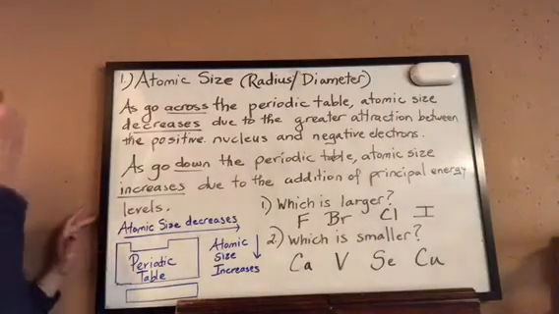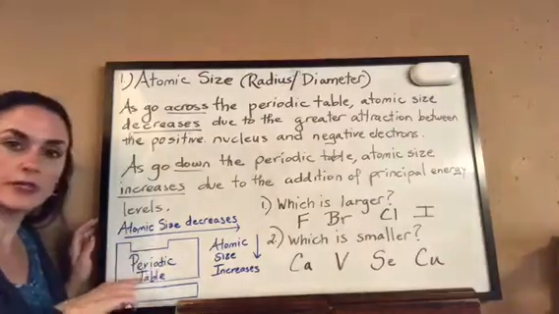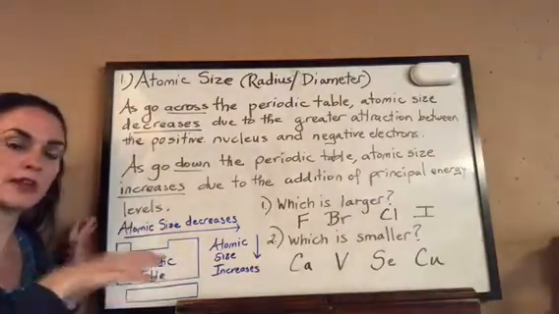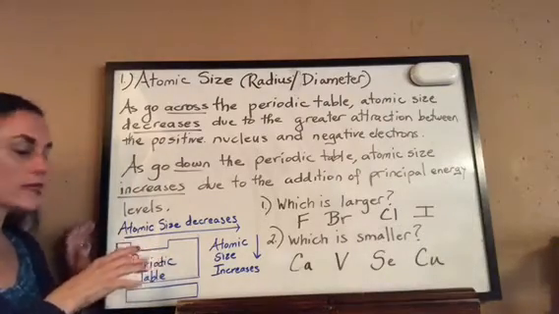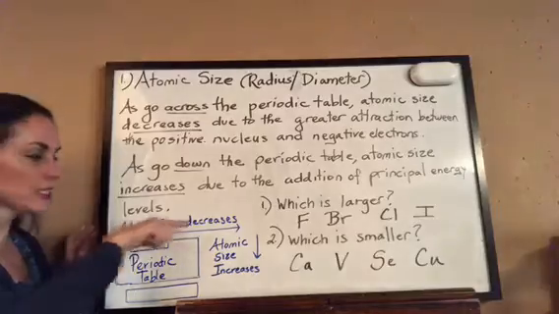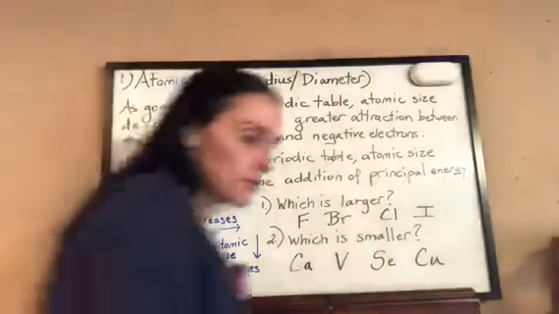So if you want to keep a little chart for yourself in your notes, draw a little periodic table and leave plenty of space around it, because each trend we do, we'll summarize it with our little chart here. So atomic size decreases as we go across, and it increases as we go down.